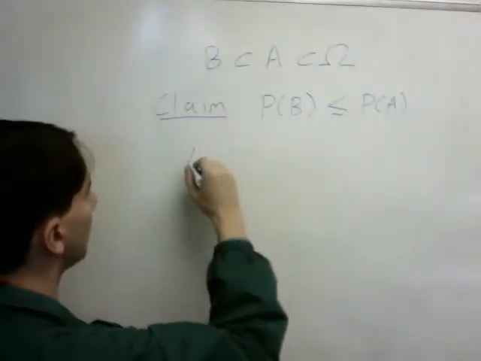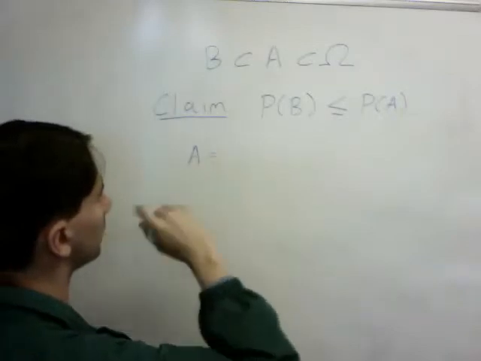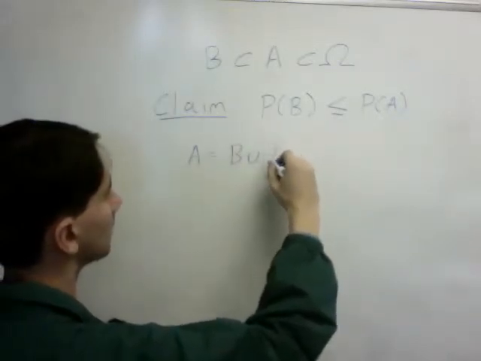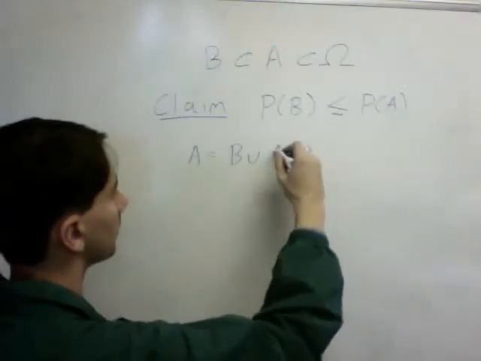So A is equal to B union A intersect B complement.